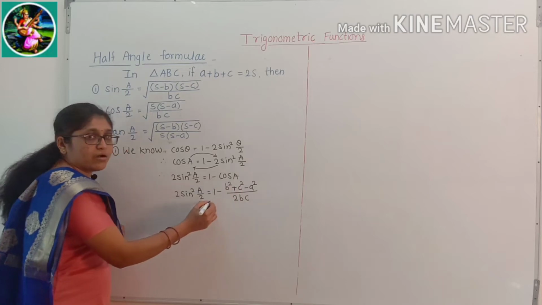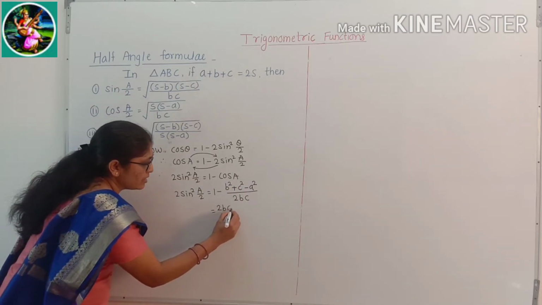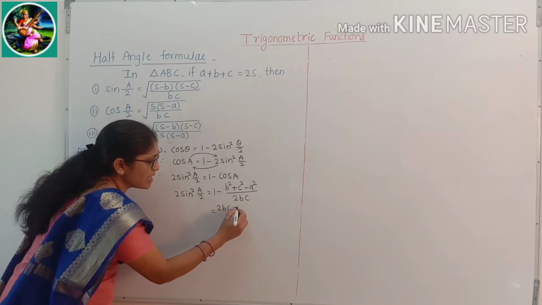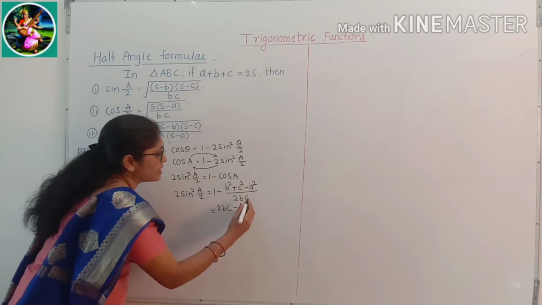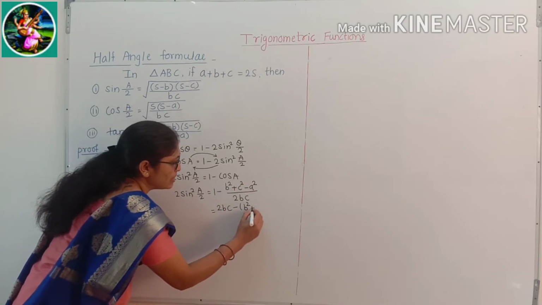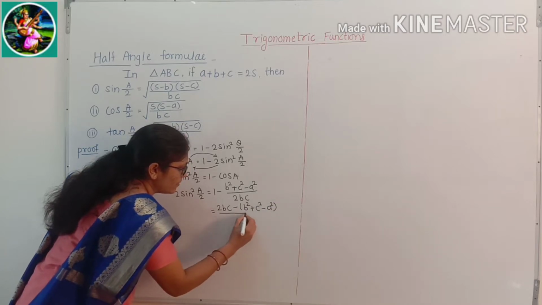Here we take a cross product, and because there is a minus sign we put a bracket for the second term, b square plus c square minus a square, divided by 2bc.